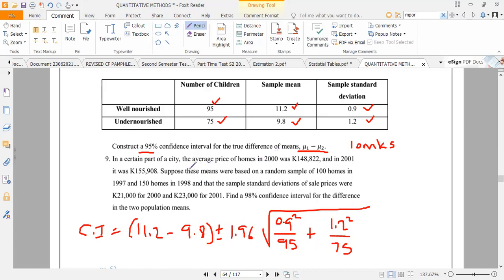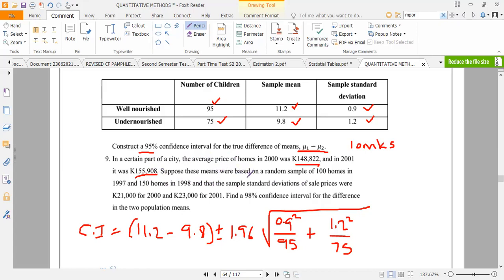Sometimes you'll be given a conclusive table like this. In a certain city, the average price of homes in 2000 was 148. In 2001, the average price of homes was 155. So there's mean one and mean two.